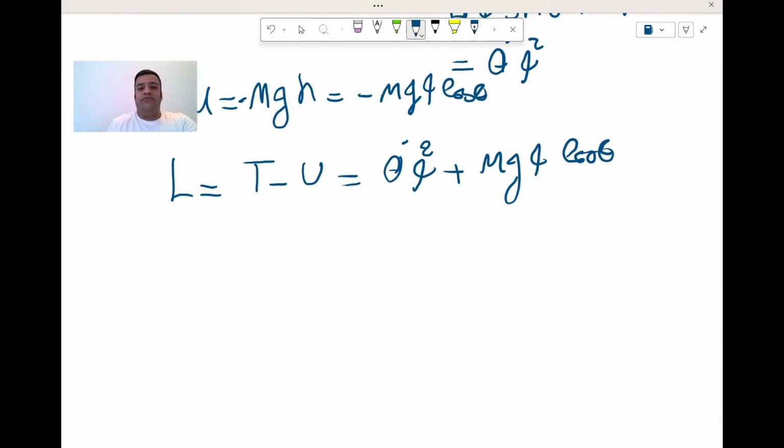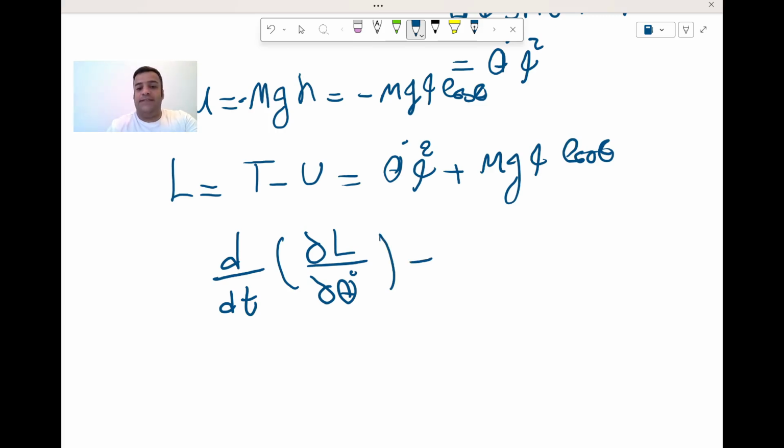Okay, but right now I must calculate this formula, d by dt of the partial derivative of L with respect to theta dot, minus the partial derivative of L with respect to theta.